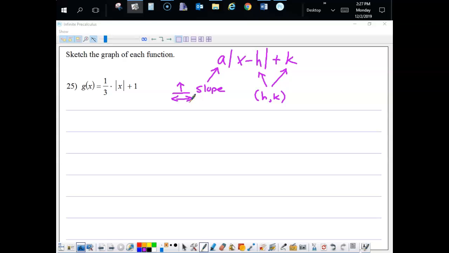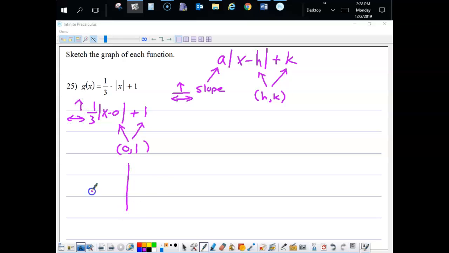Okay. So in this case, what's my vertex? We're missing the number on the inside. What would that be? 0. And so my vertex is 0, 1. And my slope is 1/3. So I'm going to go up 1, right and left 3.